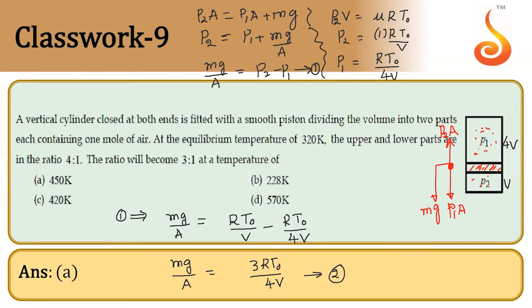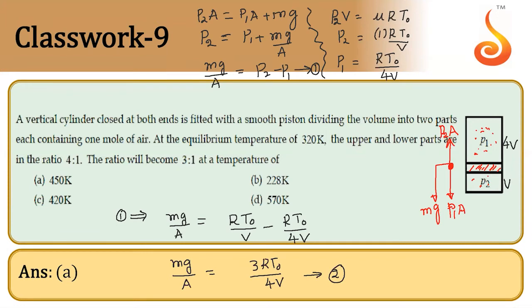Now we heat the whole cylinder. So when we heat the whole cylinder, the piston will rise upward. What is mg by A? mg by A is the extra pressure exerted by the weight of the piston.